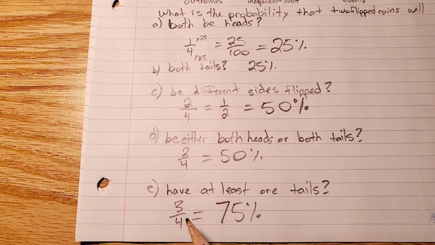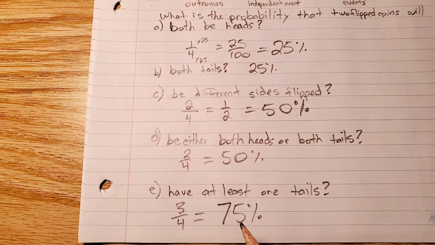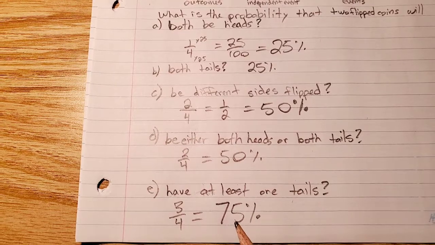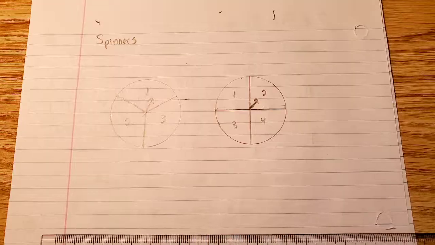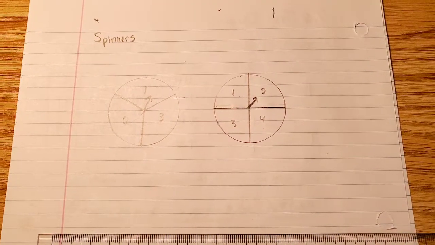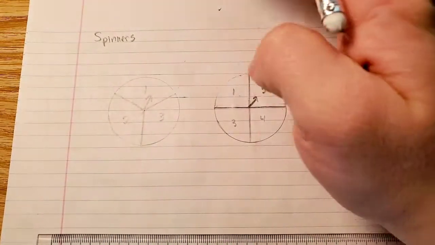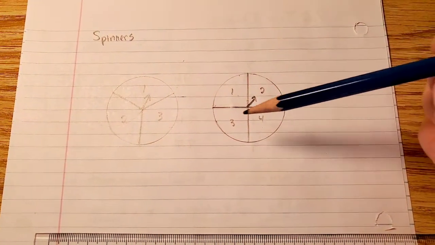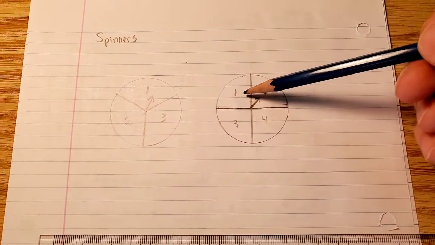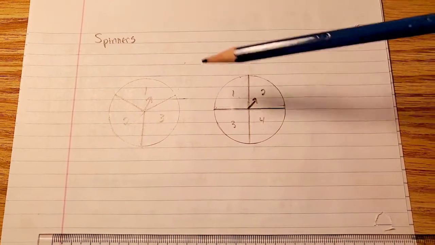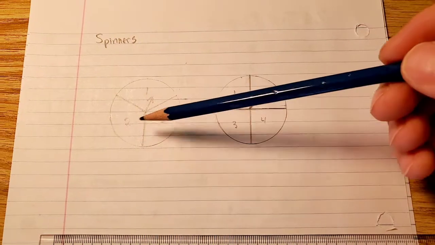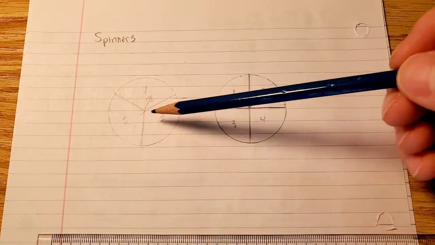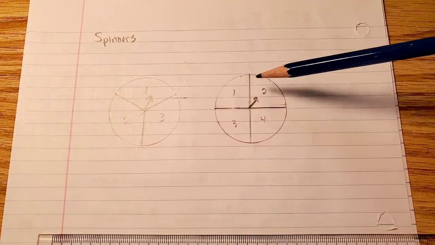If switching from fractions to percents is still an issue, please look back at, I believe it was the Unit 3 videos. There are also these things called spinners that are sometimes used for odds. You might have seen it on Wheel of Fortune, the game show. Basically, there's a certain amount of equal size sections, so it could be split into thirds, which means there's 3 different options, or into quarters, there's 4 different options.